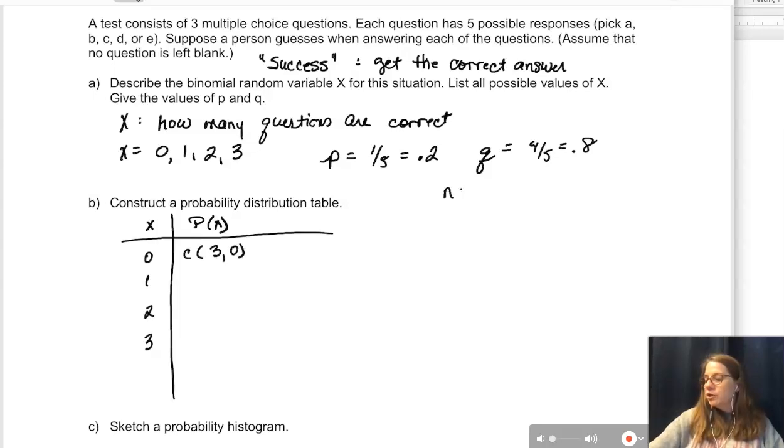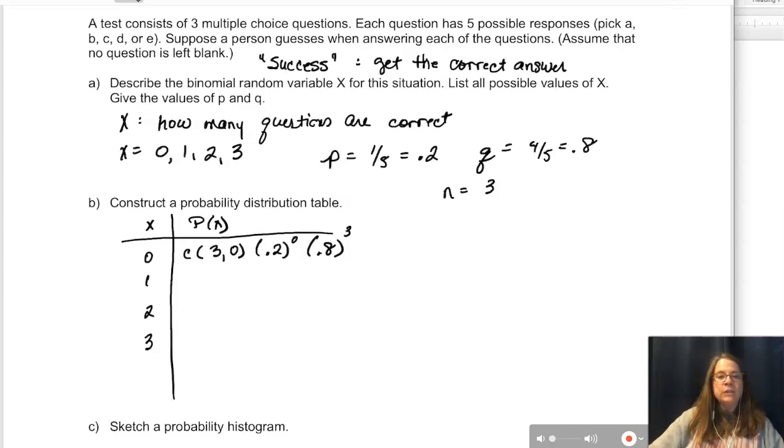Your number of questions is the number of trials, which is n. Out of the 3 questions, we're going to choose 0 to get correct. The probability of getting a right answer is 0.2, but it doesn't matter because we're not going to get any right answers. The probability of getting the answer wrong is 0.8, and that's going to happen for all 3 questions.